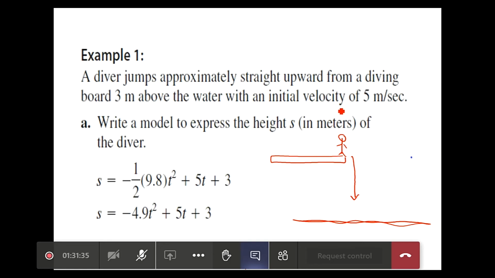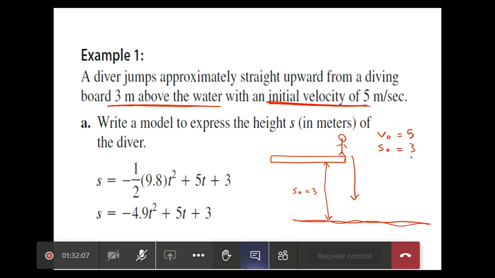The initial velocity V naught equals what? 5, and the diving board is 3 meters above the water. So the initial distance between the diver and the water, this is S naught, equals 3.